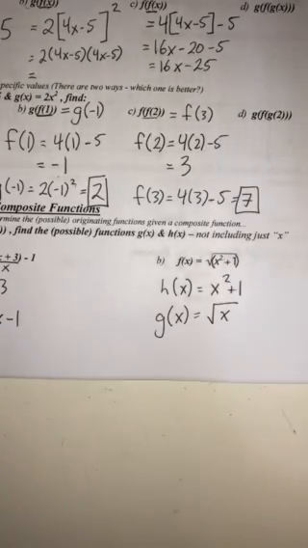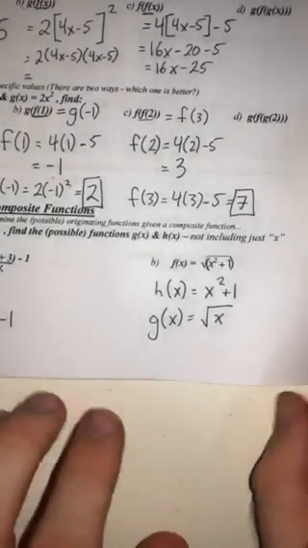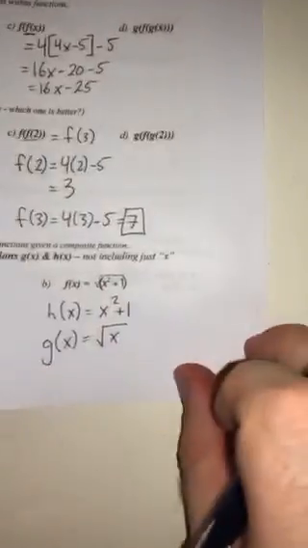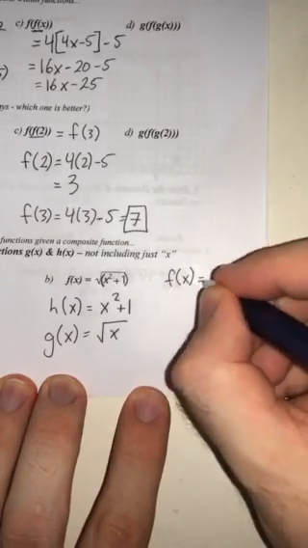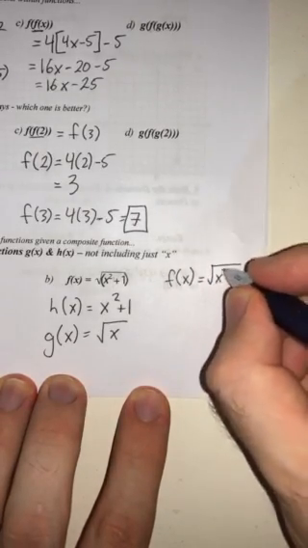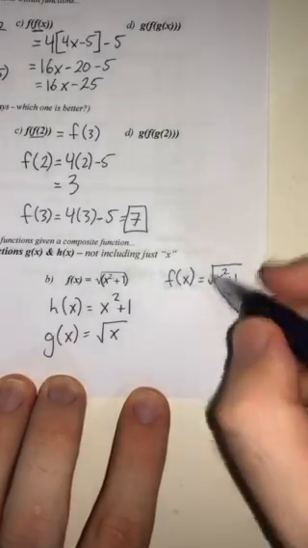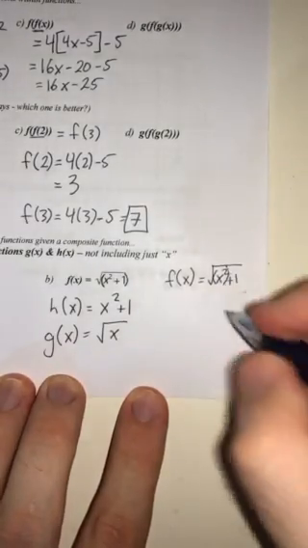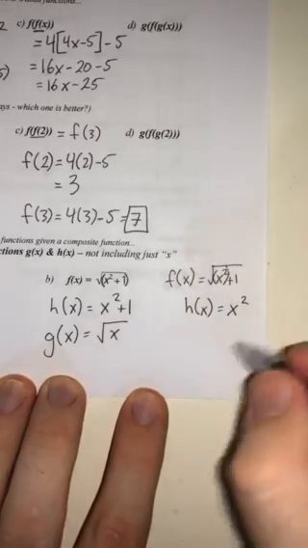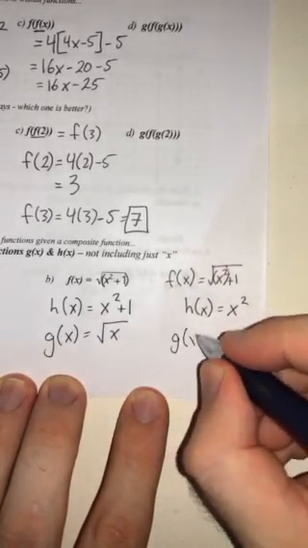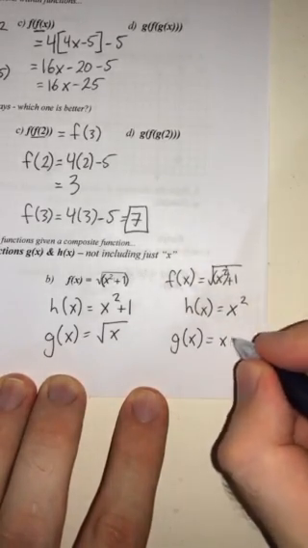You could say x squared is your inner function and then work with that. It doesn't clear it up as nicely as this, so I'm going to stick with that one. But again, if you wanted to say, here's my inner function, so h of x is equal to x squared, and then the rest of this here, so we've got the square root of x plus 1.